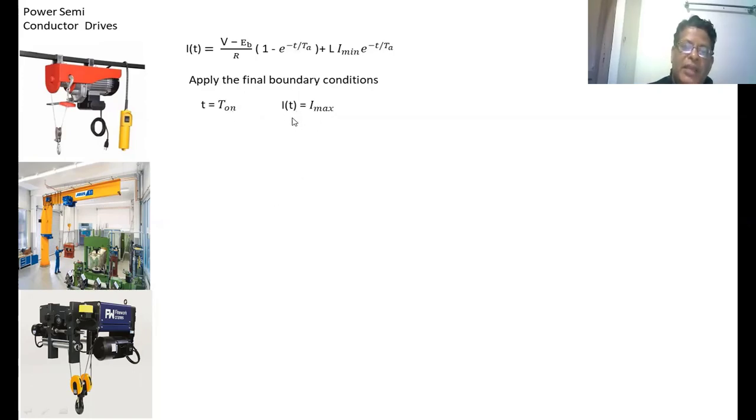In place of t, wherever t is there, you take t on. So finally, you get I maximum equal to V minus EB by R into 1 minus e to the power of minus t on by ta, plus I minimum into e to the power of minus t on by ta. This is equation 1.